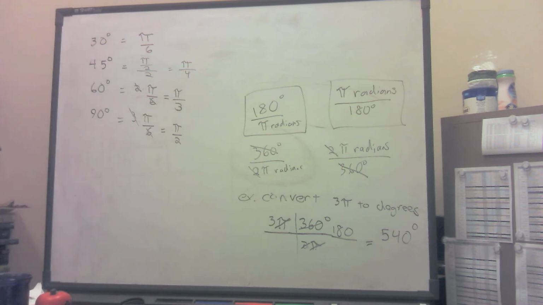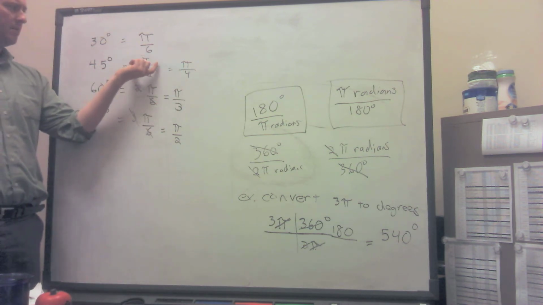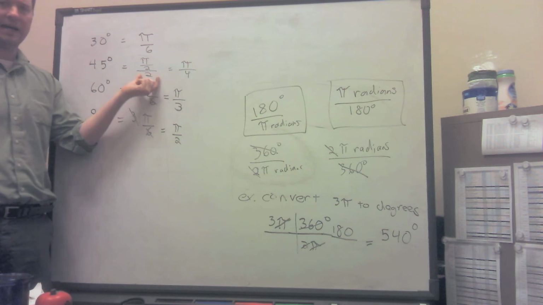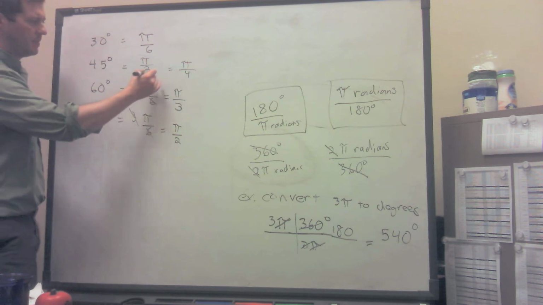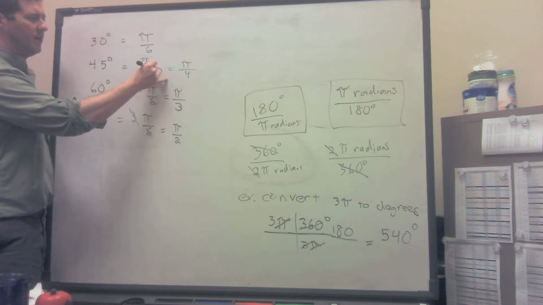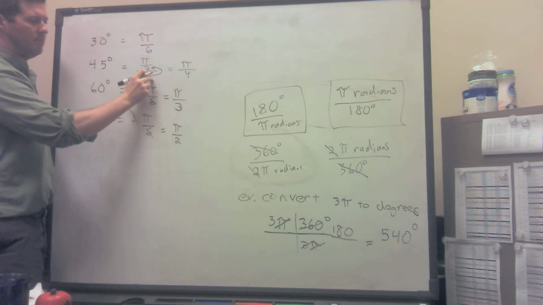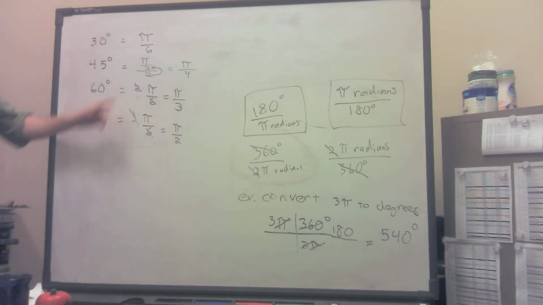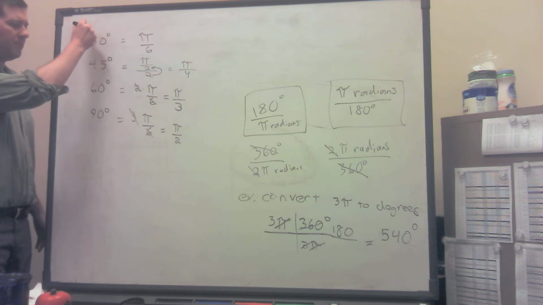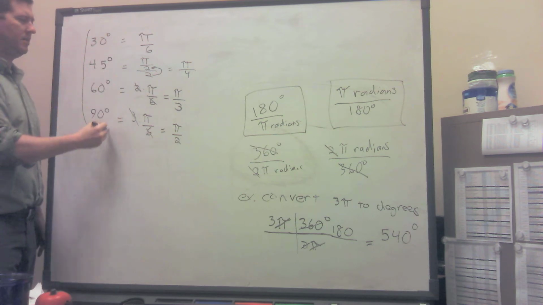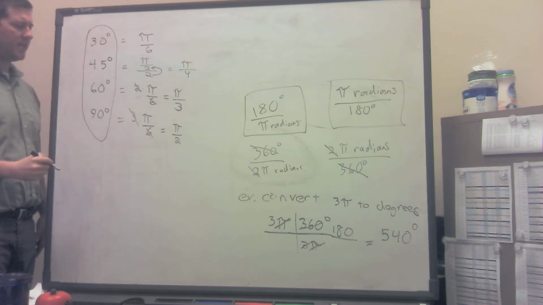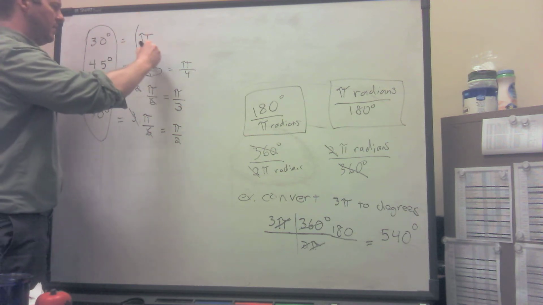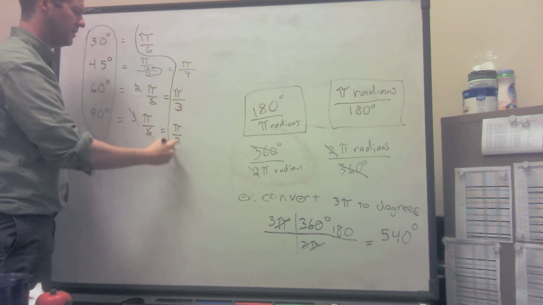Again, you may need to brush up on your fractions, but when you take a fraction and divide it by some number, it's the same as multiplying your denominator by that number. 2 times 2 gives me 4. So just a little bit of arithmetic, it's easy to come up with this list of our standard angles and their measures in radians.